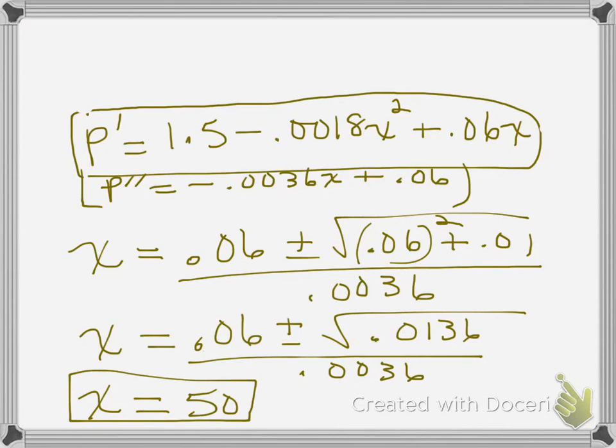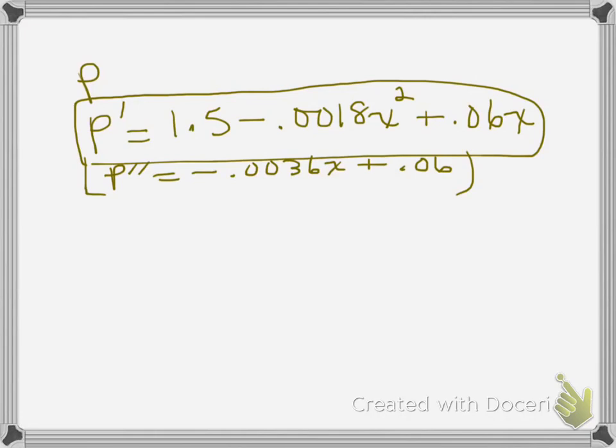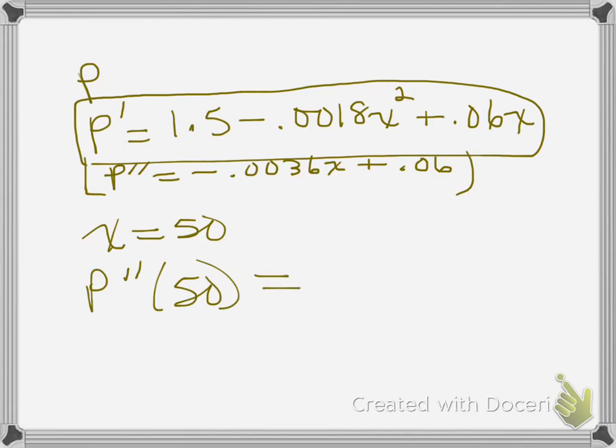Now remember, we have to first talk about the second derivative test before we can say that we're done with this problem. So let me just grab this right here, and we'll take that over to the next page. Okay, so there I have it. I had said that my x equaled 50, so P double prime of 50 ends up being, when I do all the math, negative 0.12.